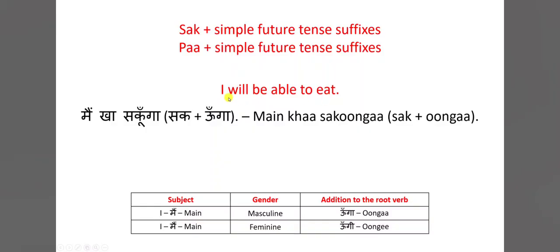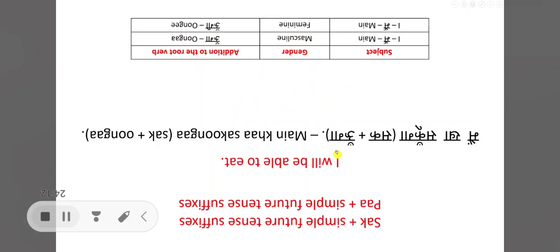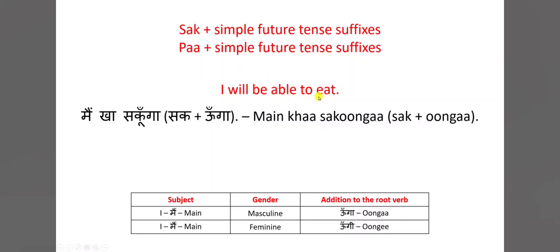Now, this should be said by a male like this. If a female wants to say this sentence, then we will have to add ungi to sak instead of unga. So the sentence would become मैं खा सकूंगी.